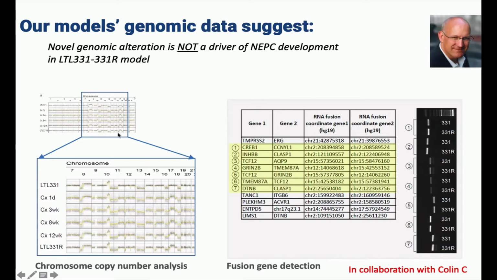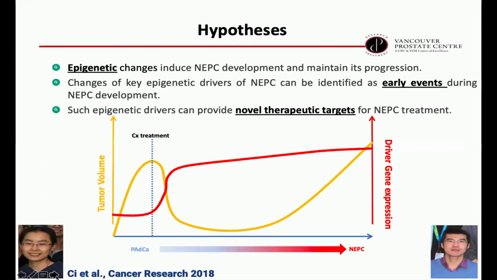And in this particular model, he couldn't identify any significant alterations between the 331 and 331R during this transdifferentiation. So this really gave us a hard time. If we find any kind of mutation or other genomic alteration, that would be easy to follow. But his data suggests the genomic alteration may not be a major contributor for this transdifferentiation.